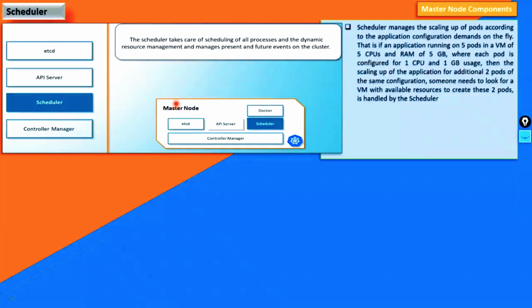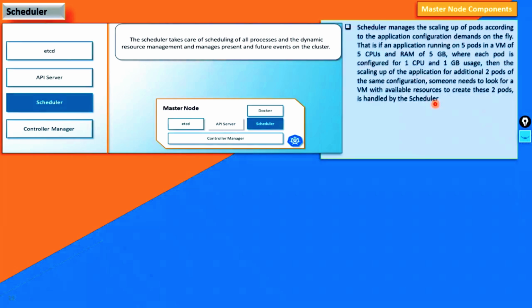So in that case, the scheduler comes into the picture. It will look into that requirement of an additional virtual machine to be created with the available resources to create these 2 pods, which is handled by the scheduler. Can you see the beauty of it? A server was running out of resources to run those pods, and there was a huge request coming in.